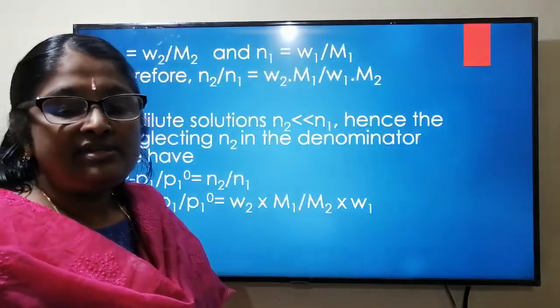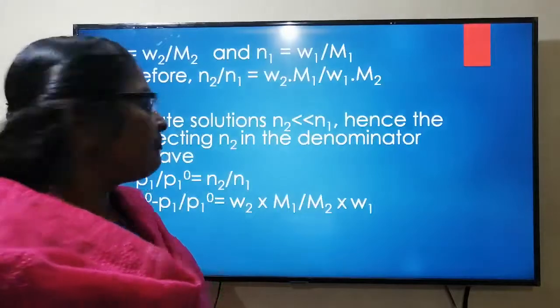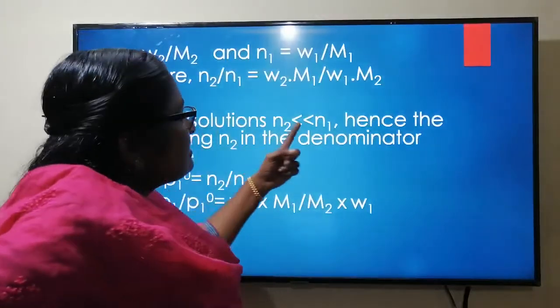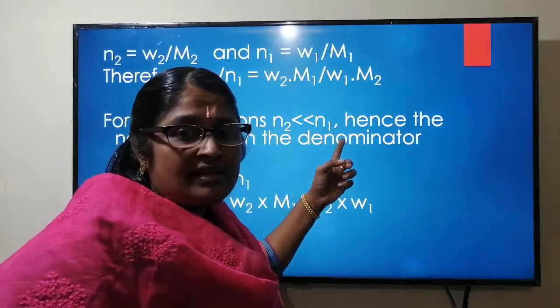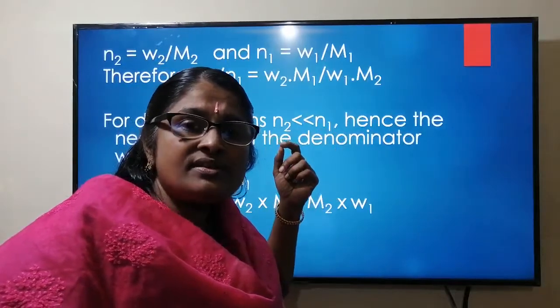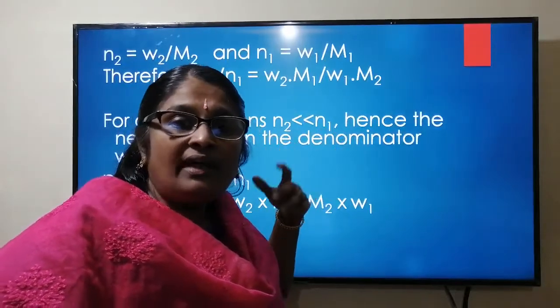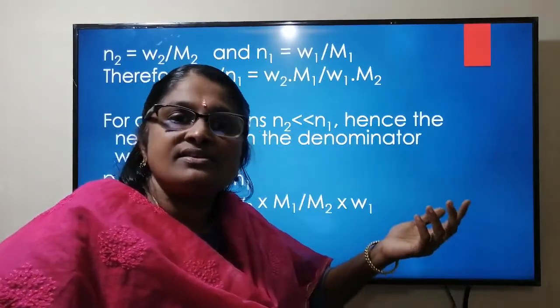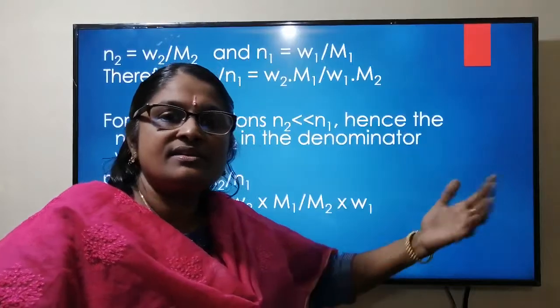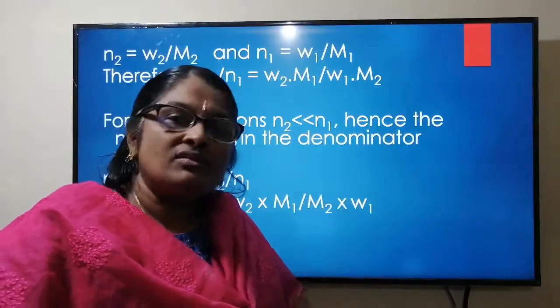For dilute solutions, N2 is very small compared to N1. For example, if N2 is 0.0001 mole and N1 is 1000, then 1000 plus 0.0001 mole is 1000.0001 mole, so we can write it as 1000 itself.